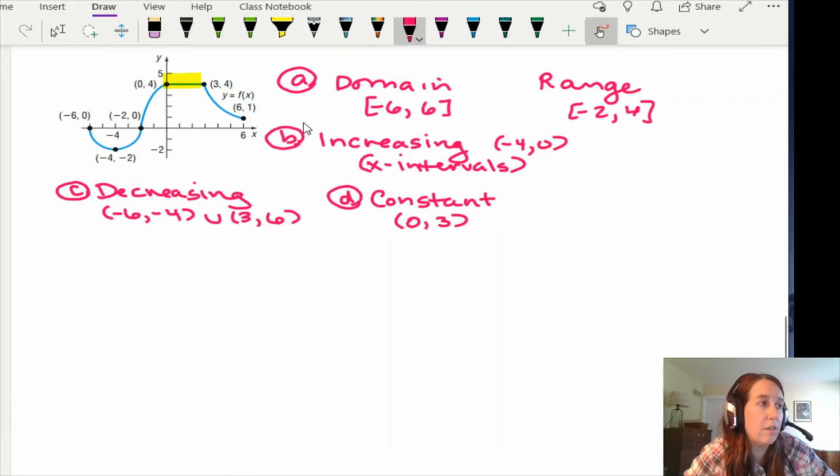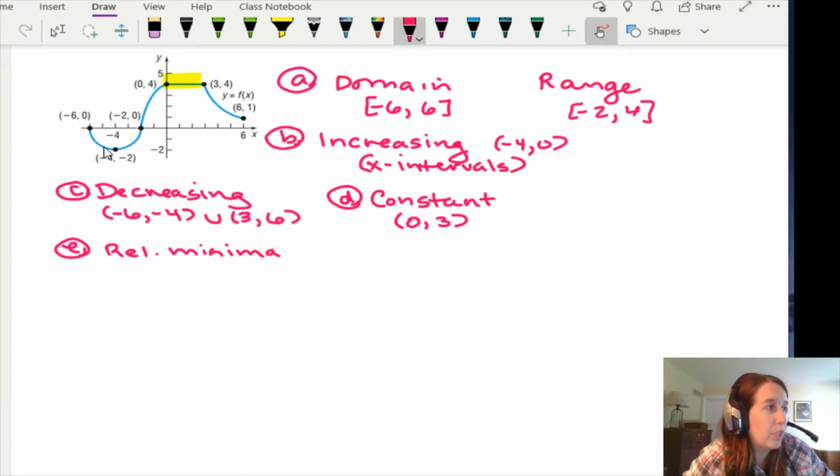All right, another thing that we might be asked for in this graph is for any relative minimums, or minima, because there could be more than one.